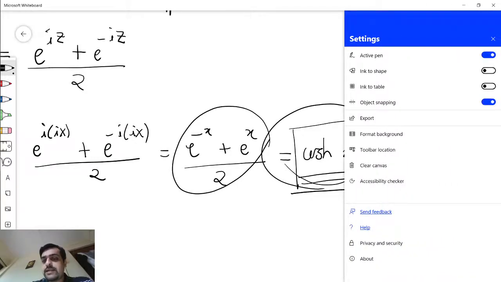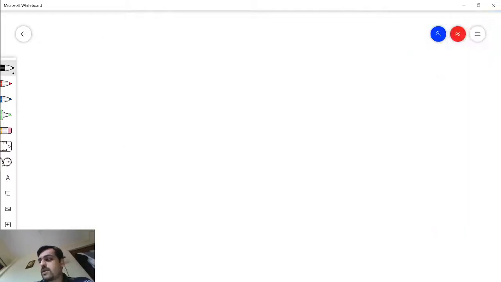Let us try another example, which asks us to find the value of cos hyperbolic of 2 pi i.